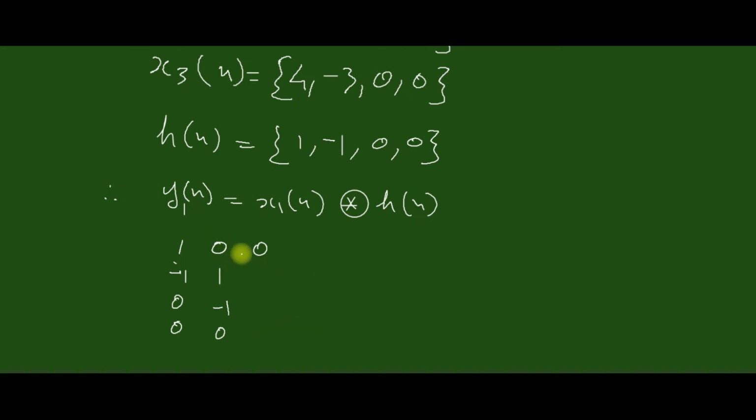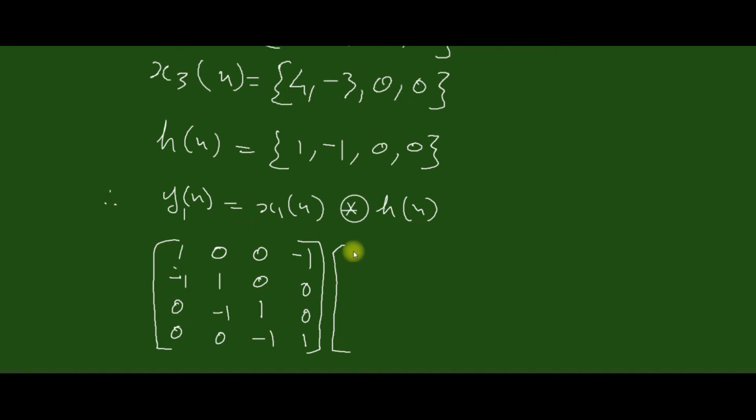That's a mistake. So here it is 0, then it is 1, this minus 1, then minus 1, this 0, this 0, 1. This is the circular matrix which is then multiplied with x1 of n, which is 1, minus 2, 2, 0.